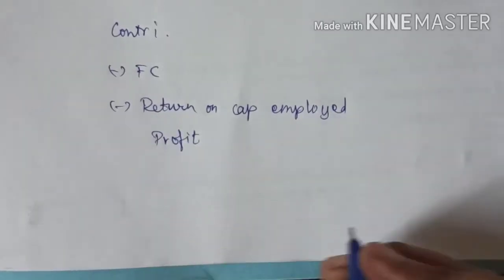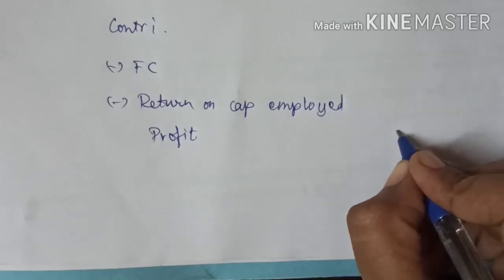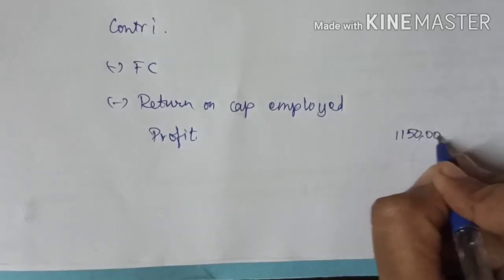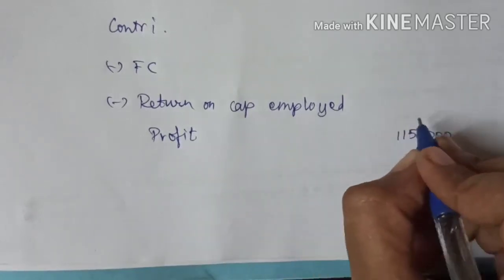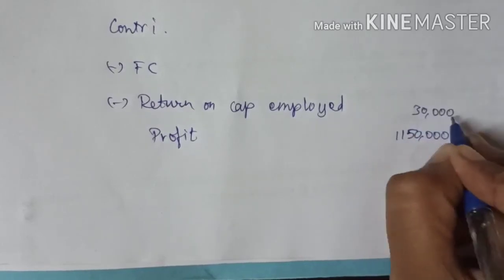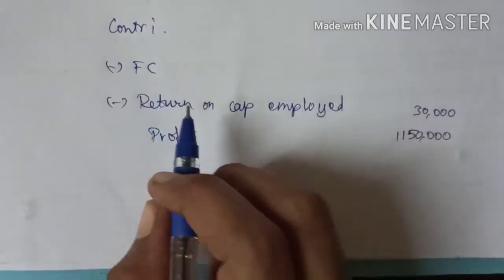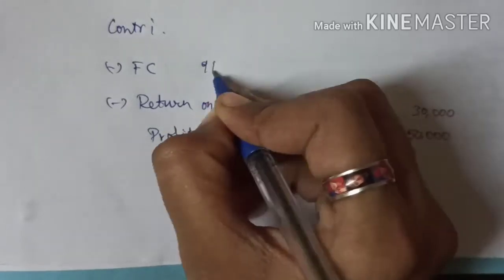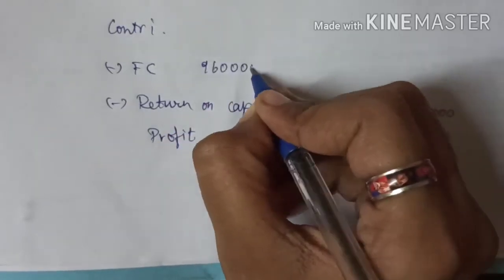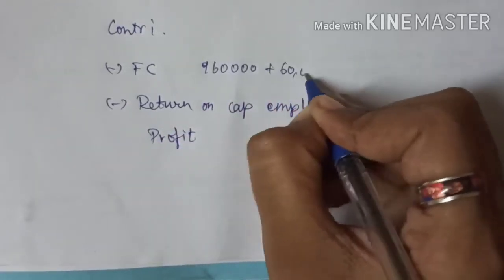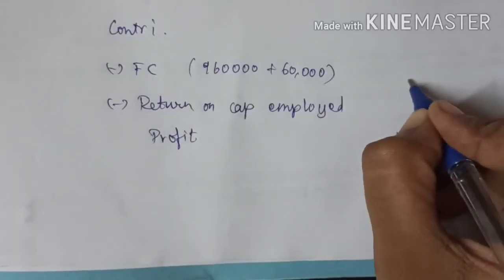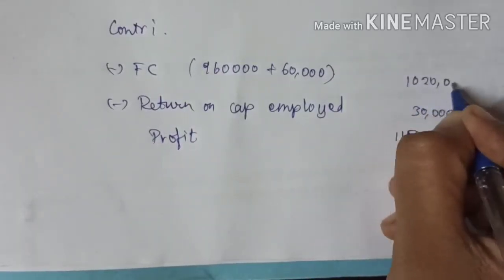The profit which we have to maintain is 11,50,000, and the return on capital employed is 30,000, and fixed cost, you know that 9,60,000 plus 60,000, it is 10,20,000.